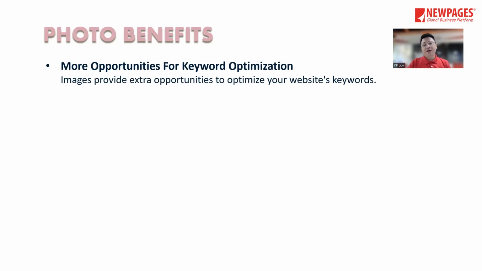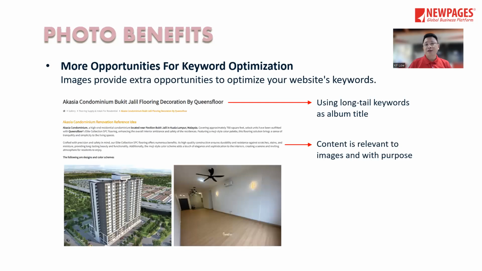Images provide extra opportunities to optimize your website keywords. This is just to share with you one of our clients. This is their gallery page. If you look at their photo album titles, they put things like Acacia, Condominium, Bukit Jalil, flooring. It's rich in keywords, and they are using a combination of multiple keywords that people might search for.